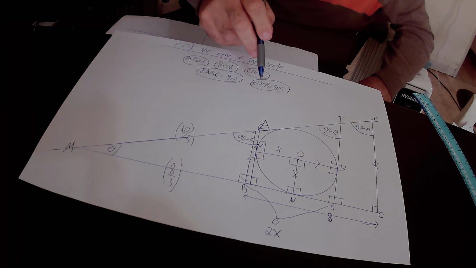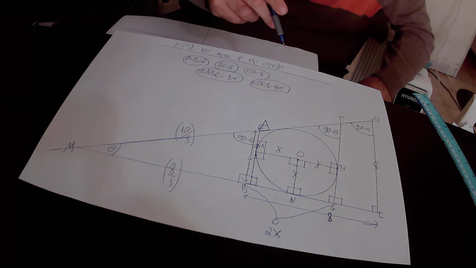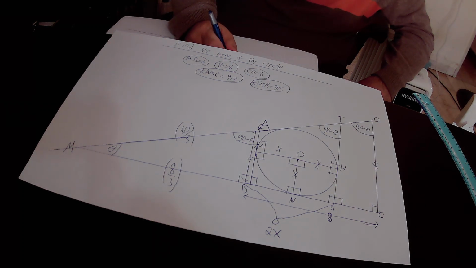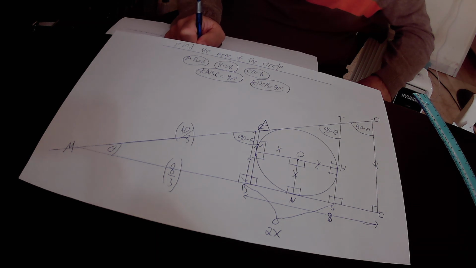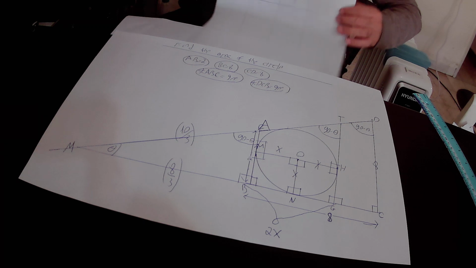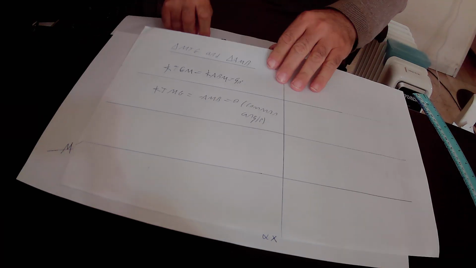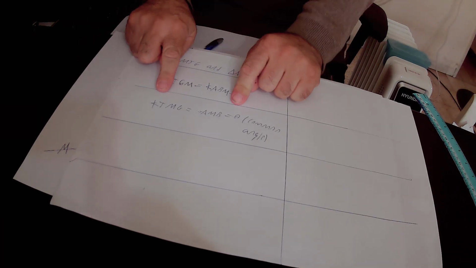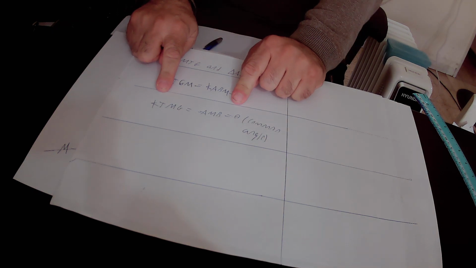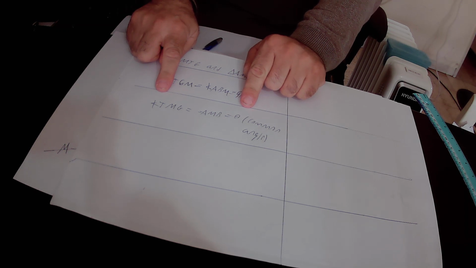We can define angle theta also as angle ABM. Actually, this equation means that angle theta equals itself. We just call angle theta by two different names. Angle theta is the common angle that belongs to both triangles.